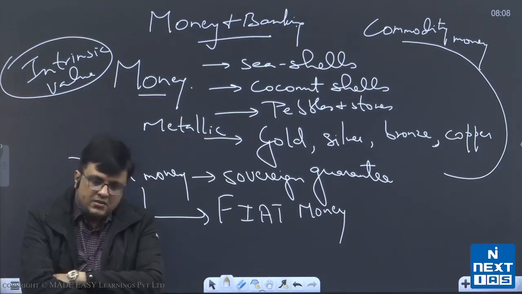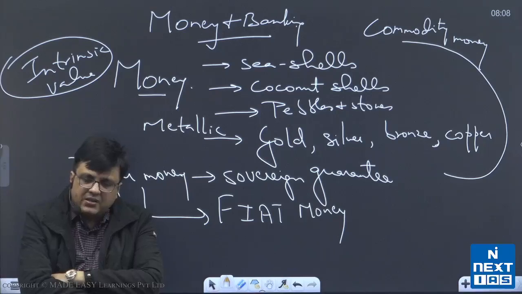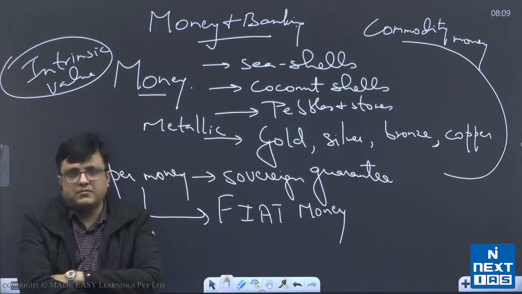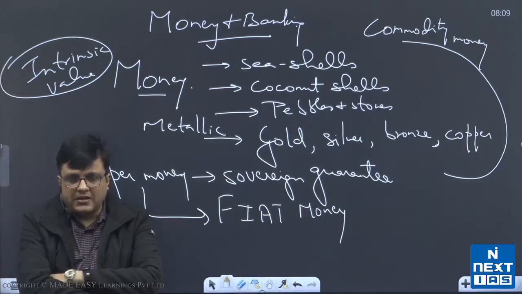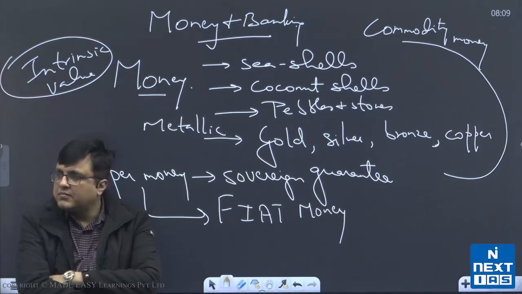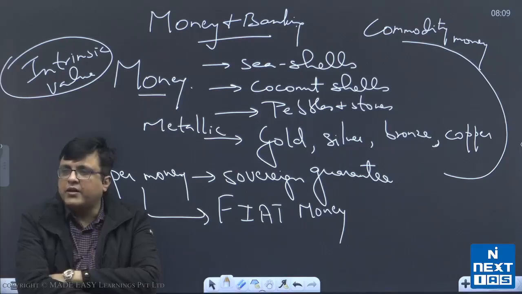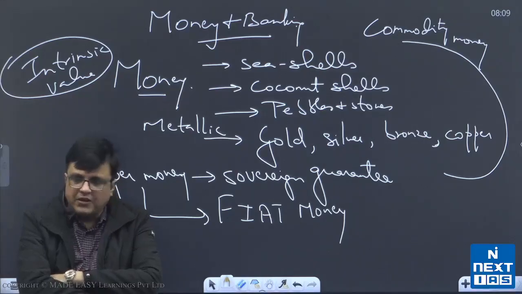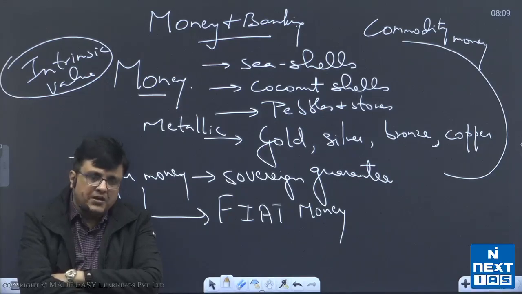So you write number one, money created a single unit of account, that is, the value of all commodities could be expressed in terms of money.